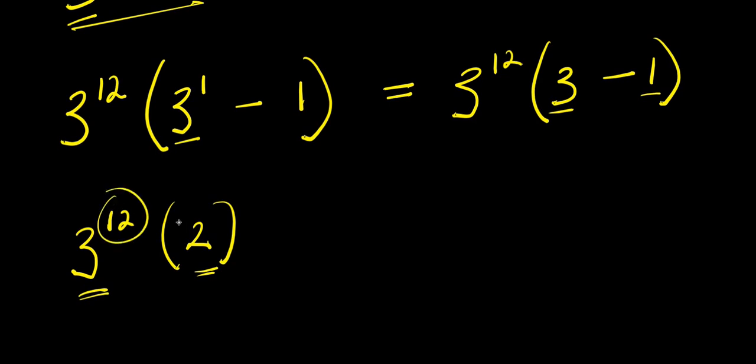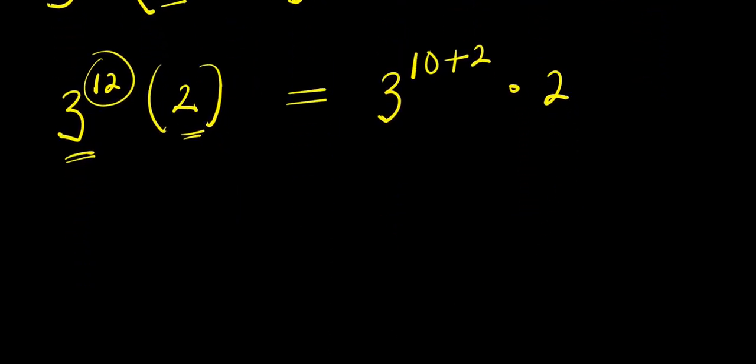What is the value of 3 power 12? Now I can express this as 3 power 12 is the same as 10 plus 2. Then we have times 2. And recall this identity again. A power x plus y equals a power x times a power y.